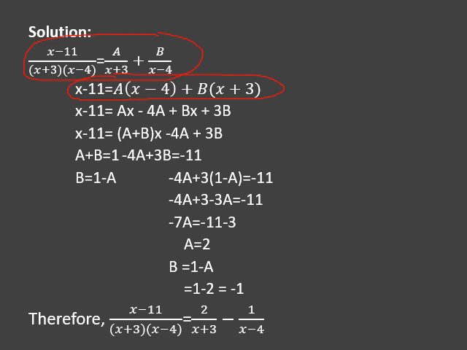After that, we're going to compare one by one, to compare the x and also the constant. This comparison will help us to find value A and value B. Once we have the values, we're going to replace them into the general expression here. So at the end, this is our answer.